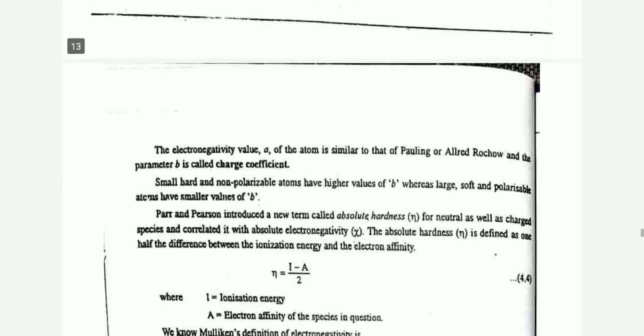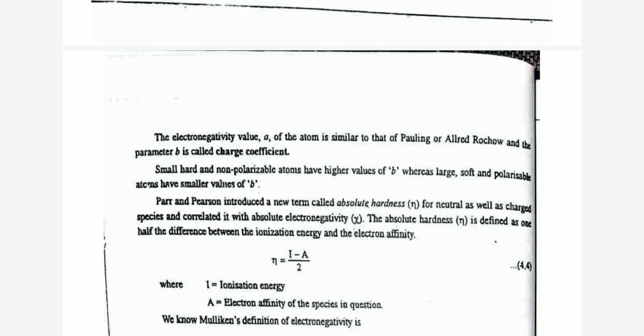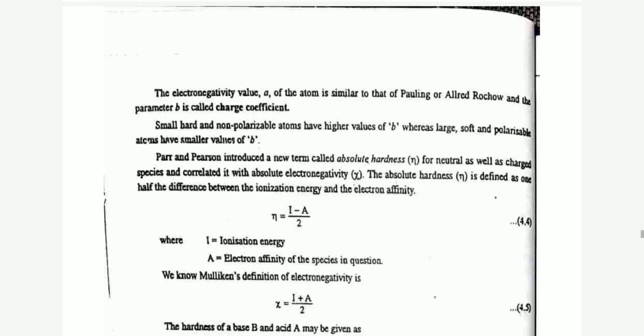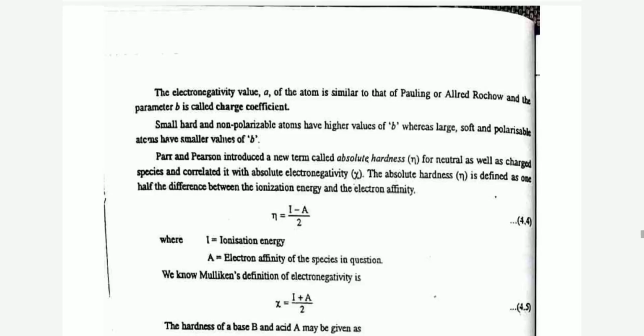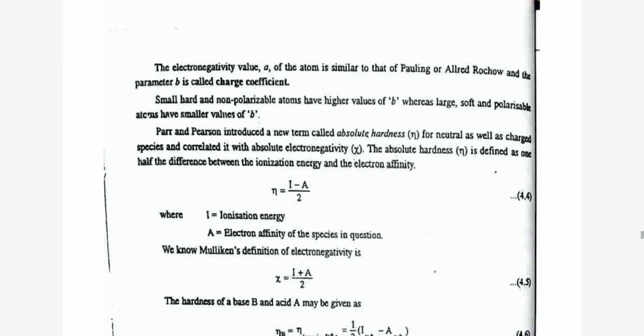The electronegativity value A of the atom is similar to that of Pauling or Allred-Rochow, and the parameter B is called the charge coefficient. Small, hard and non-polarizable atoms have higher values of B, whereas large, soft and polarizable atoms have smaller values of B.